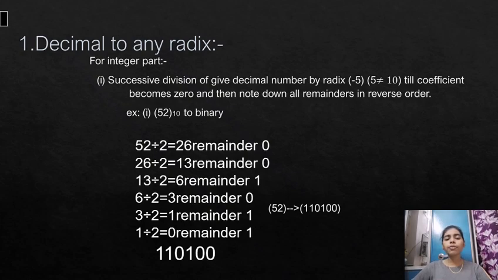For example, if we take 52 base 10 to binary, in binary we only have 0 or 1. 52 divided by 2 is 26, remainder is 0. 26 divided by 2 is 13, remainder is 0. 13 divided by 2 is 6, remainder is 1. The answer of 52 base 10 to binary is 110100.